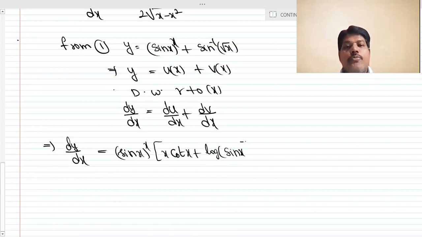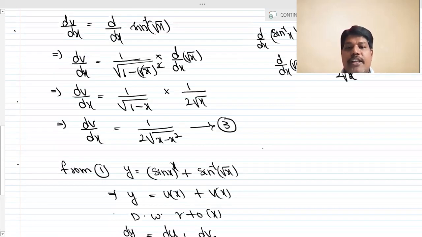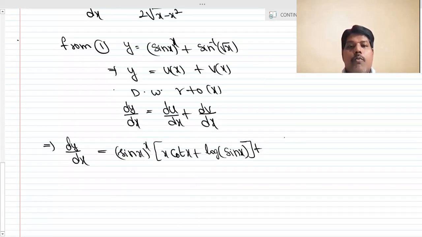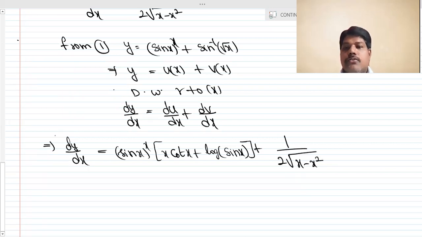So this is the du by dx value. Plus, what is the dv by dx value, students? From equation number 3, 1 by 2 into root of x minus x square. So this is dy by dx.